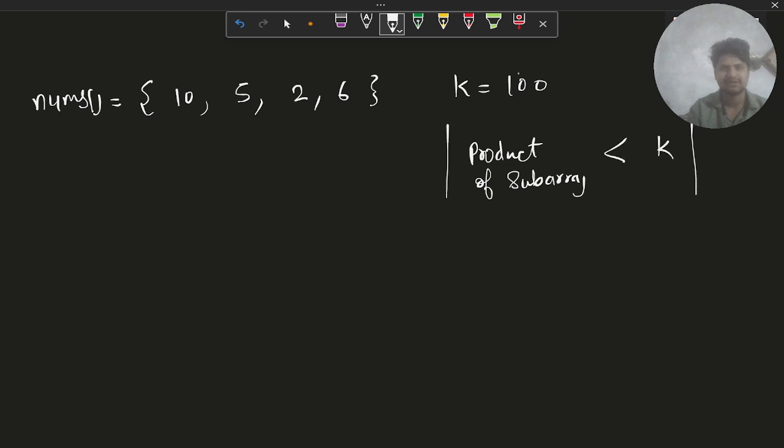This condition should be followed, and we have to count how many subarrays satisfy it.